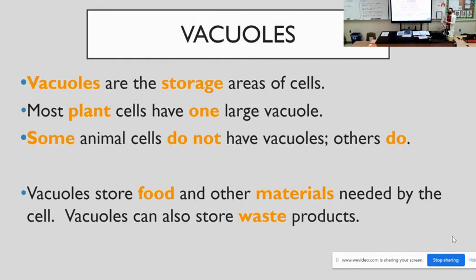And essentially, they just store food, or they store other materials needed by the cell until it needs to use it at a later time, or if it has excess. It also stores waste products until they're removed from the cell. So it's just like that junk drawer in your house, or a closet where you kind of shove everything into until you need it for a later time, or you eventually get rid of it.